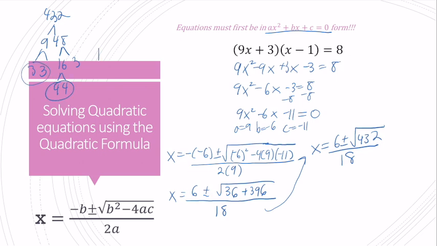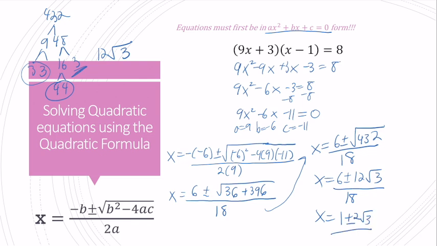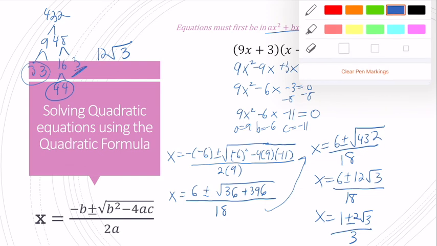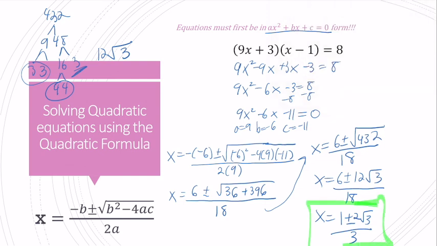So this is going to be 12 root 3 because a 4 and a 3 come to the outside and a root 3 is left behind. So I have x equals 6 plus or minus 12 root 3 over 18. I can pull out a factor of 6. 1 plus or minus 2 root 3 over 3 would be our final answer.